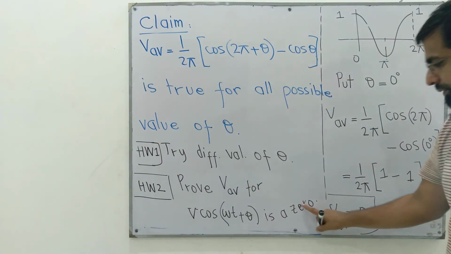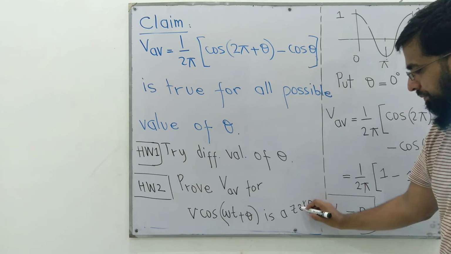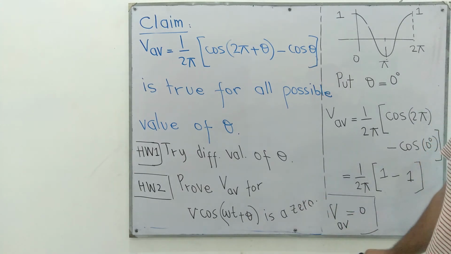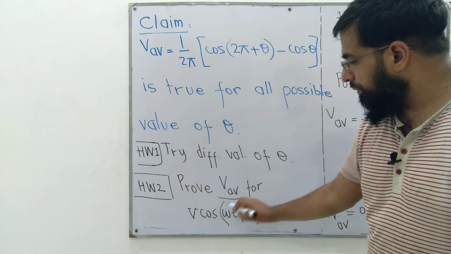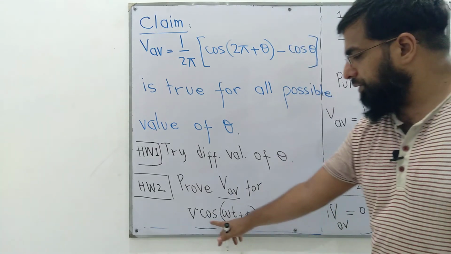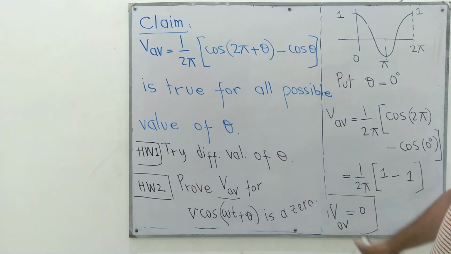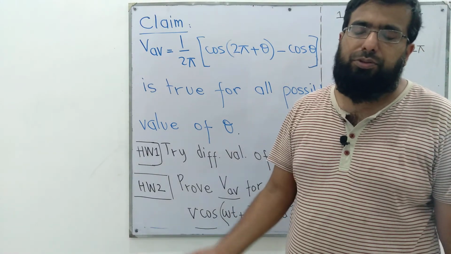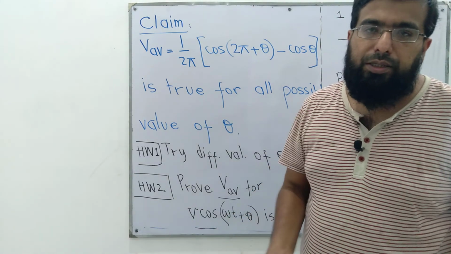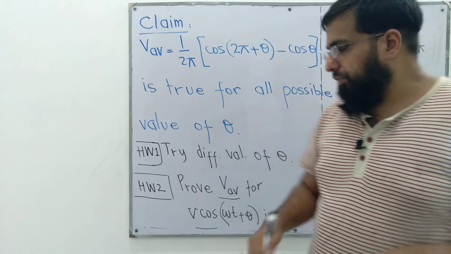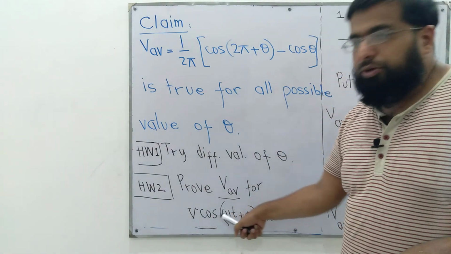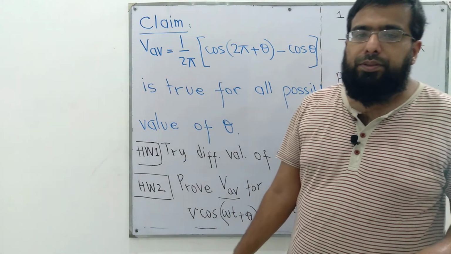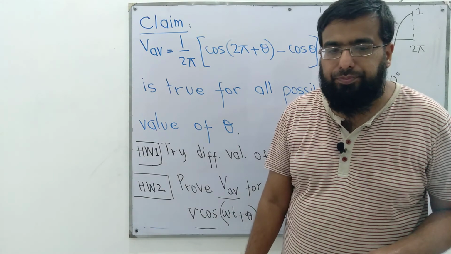So you have to verify that V average of cosine signal is also 0. In this lecture we have proved that average value of sinusoidal signal, average value of sine, is 0. So you have to verify that average value of cosine is also 0.